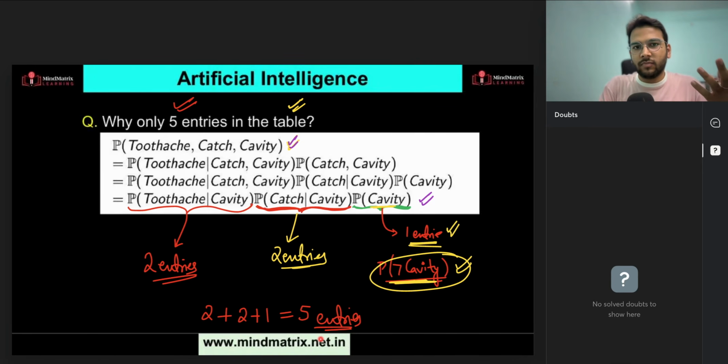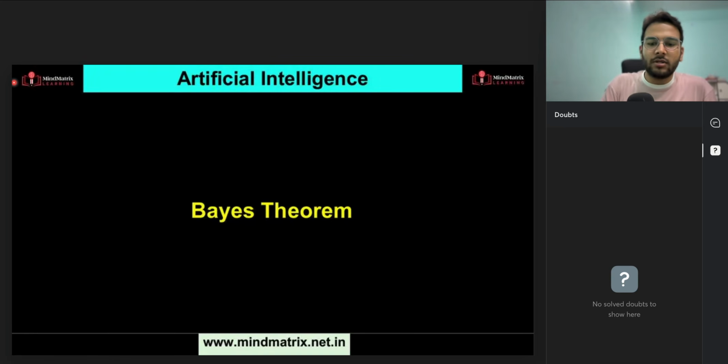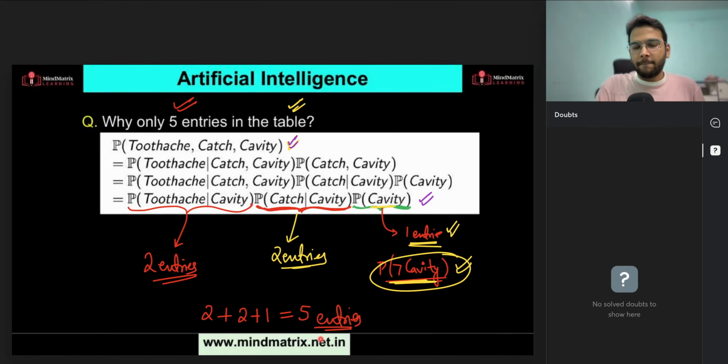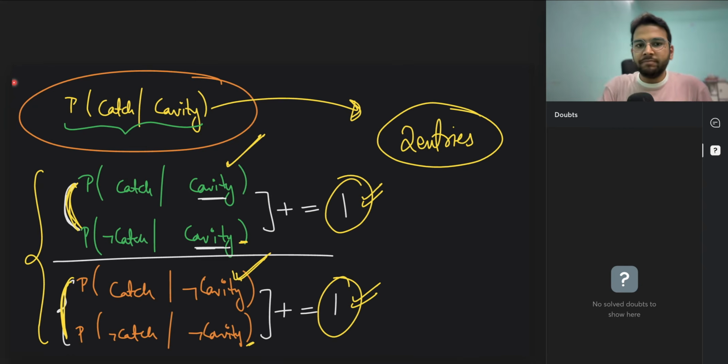If you have all the probabilities, you can answer any uncertainty. Are you able to understand this? Correct? But the problem was space and time. So we reduced the entries using these concepts. Is this clear? Any doubt?